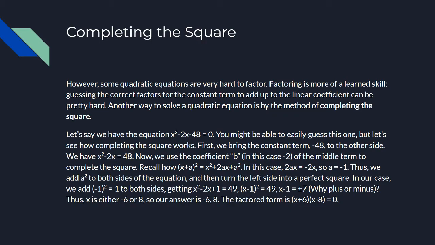So we have x minus 1 squared equals 7 squared, right? So we have x minus 1 is equal to plus or minus 7. So it could be positive or negative 7. So I just want you to think about why it's positive or negative 7. So I'll give you 5 seconds for that.